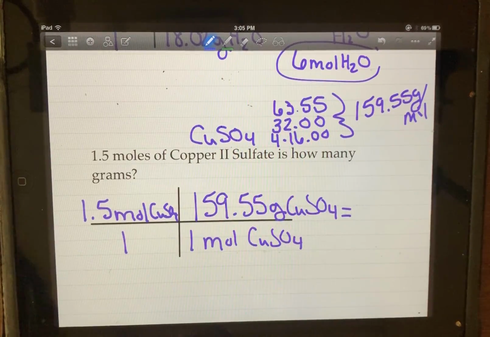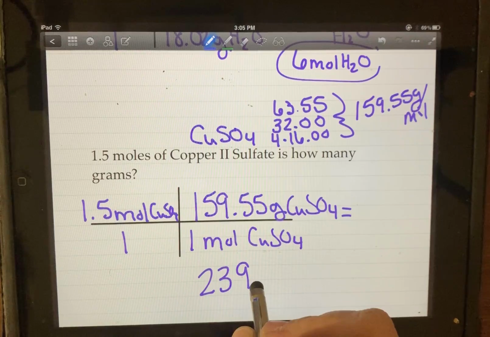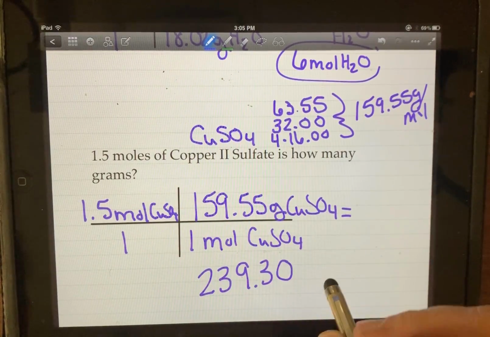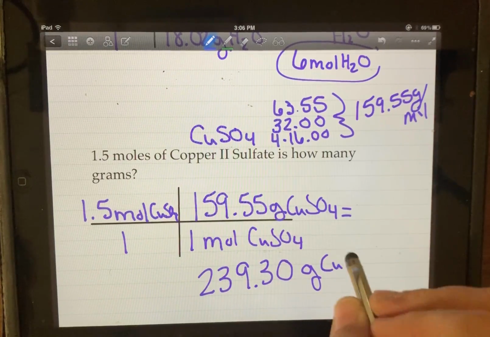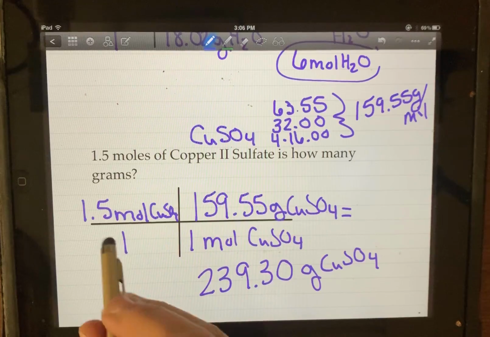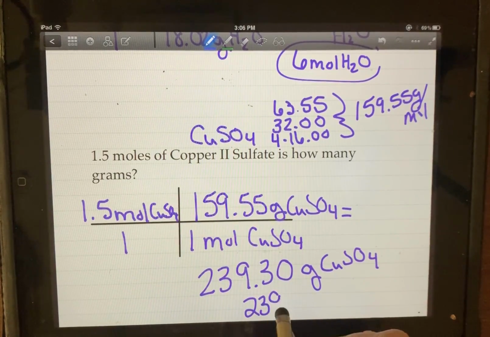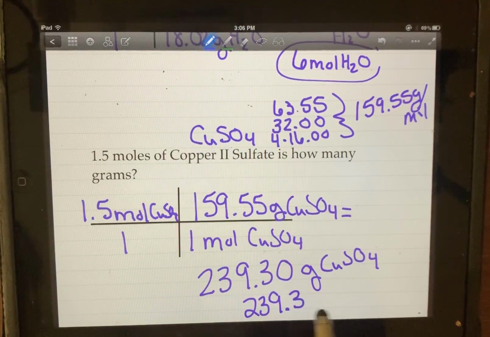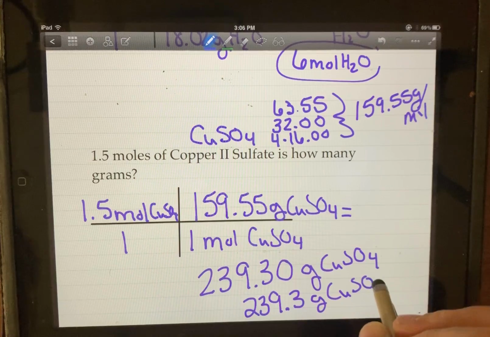I'm going to perform the operation. And I'm going to get 239.30 grams CuSO4. And since I'm paying attention to the fact I only have one decimal there, I'm actually going to formally record 239.3 grams CuSO4.